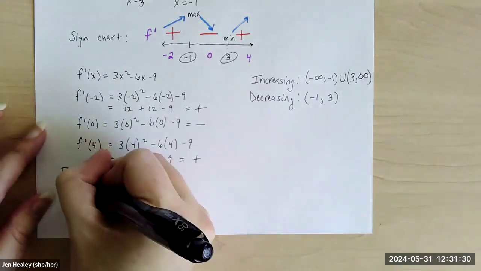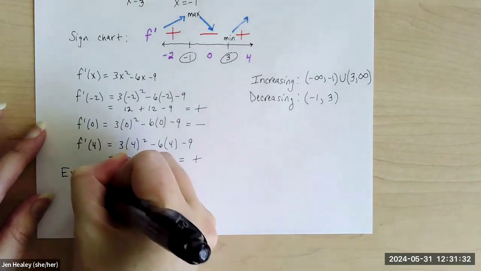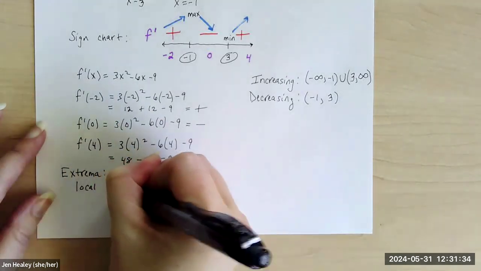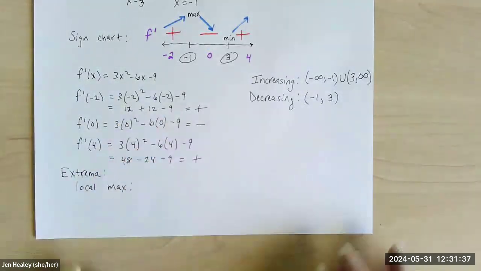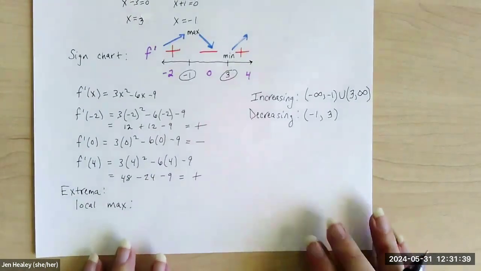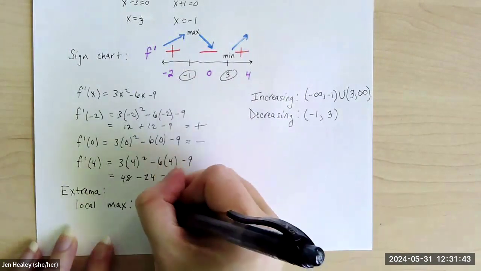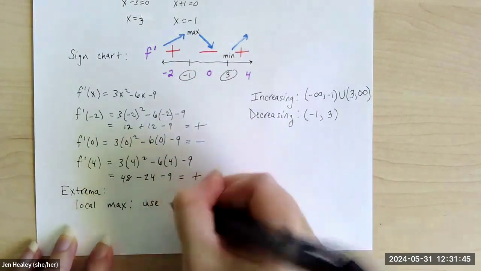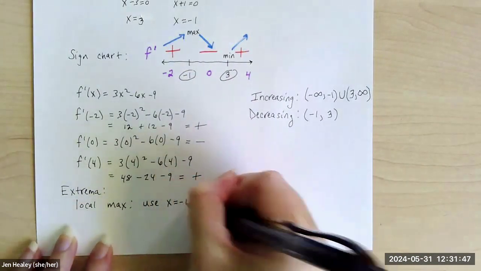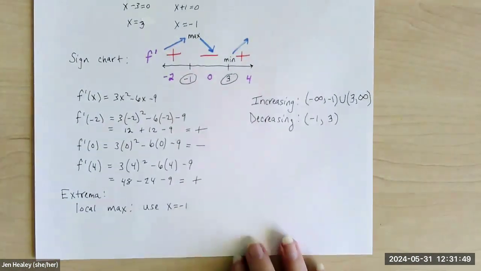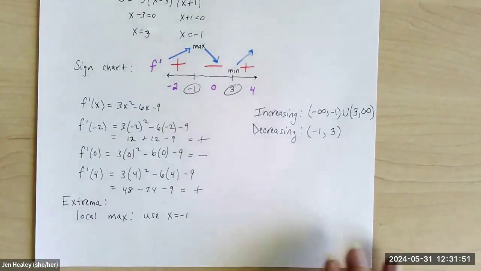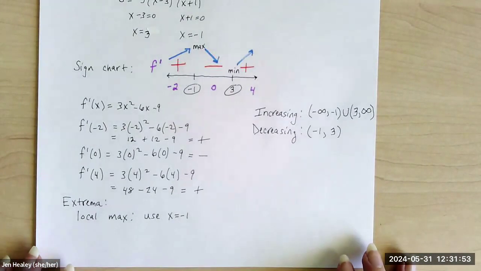Can you solve f of x with -1 and 3 for the y values? So local max, we know the x value that we're going to use is -1. Do I want to plug that back into the original function or the derivative?